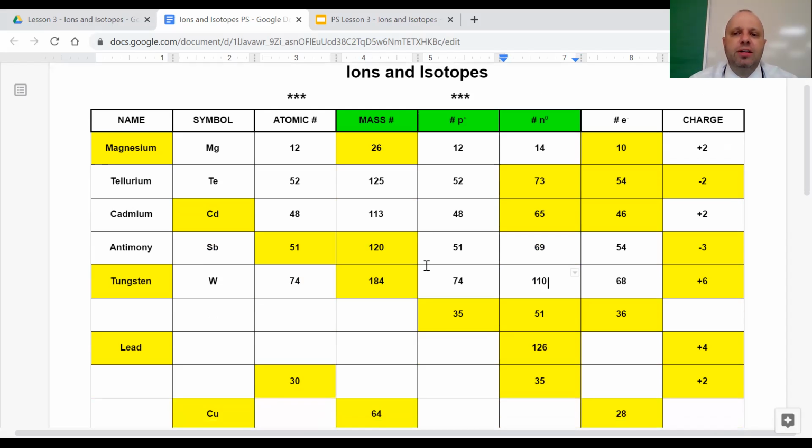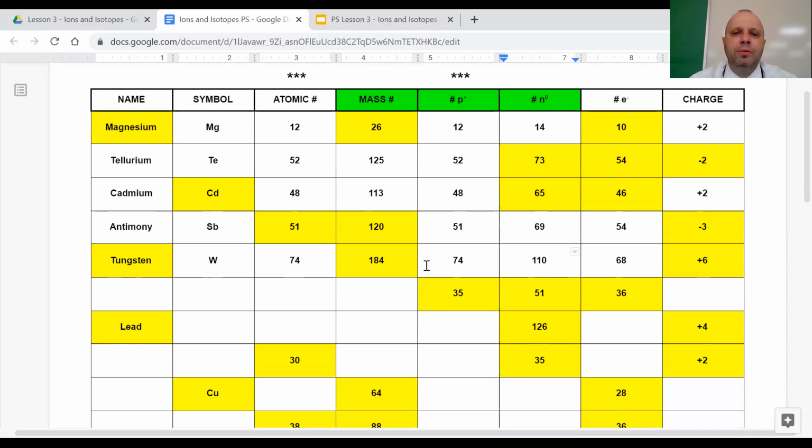Okay, if I take a look at my next example, I have 35 protons, 36 electrons. So I have more electrons than I have protons. So I have a -1 charge here. If I look up the number of protons, I'm going to put that number over here as well, 35.